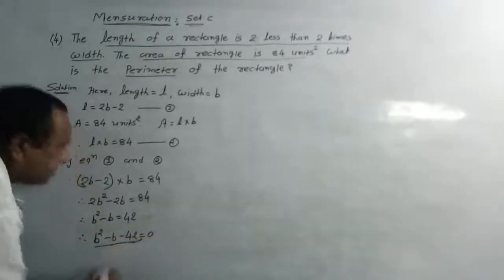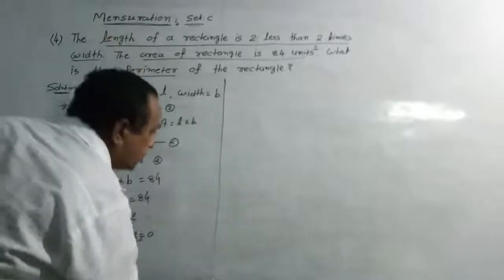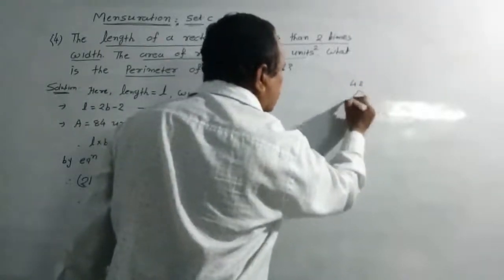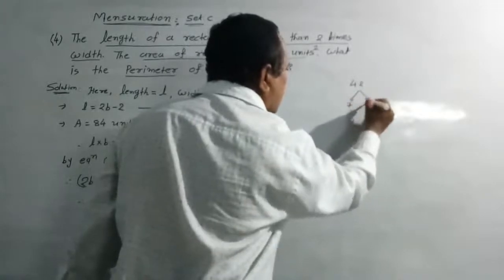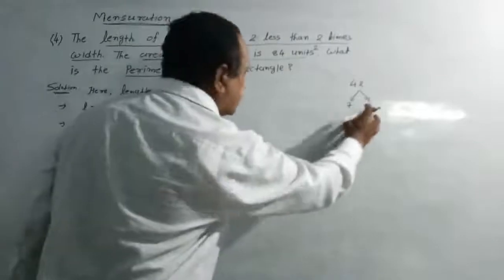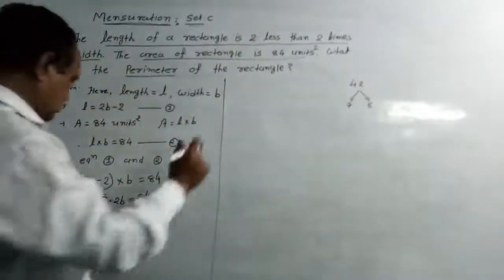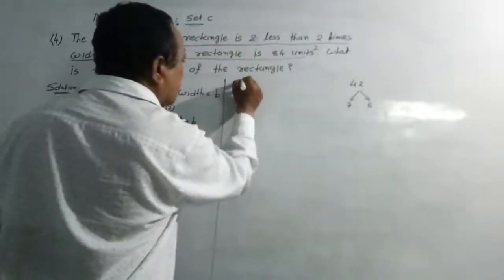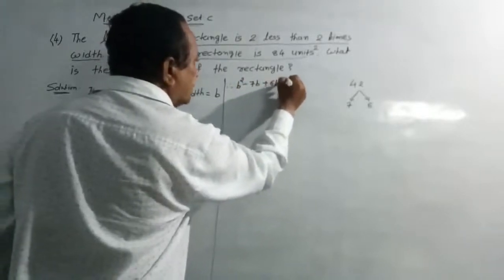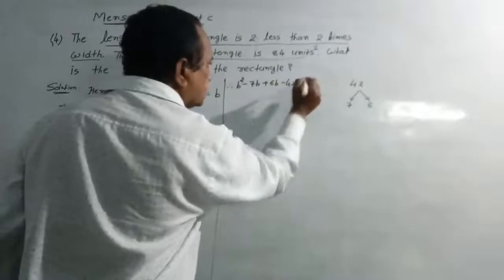This is the equation. Now here factors of 42: 7 and 6 give 42, and 7 minus 6 is equal to 1. So B square minus 7B plus 6B minus 42 is equal to 0.